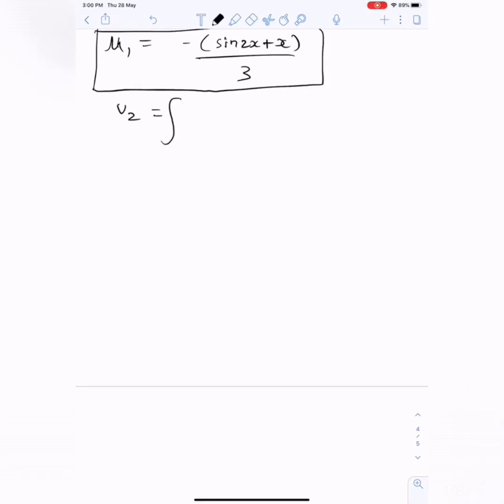u2 is given by the integral of y1 r over w times dx.